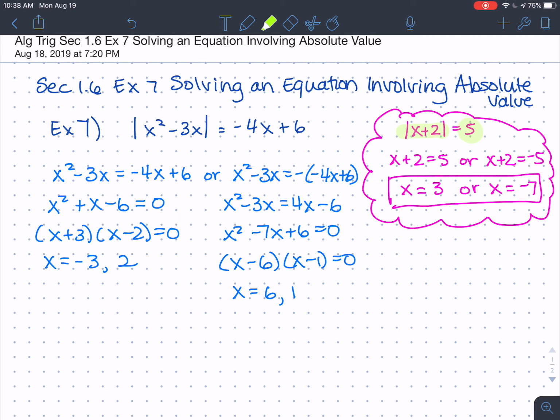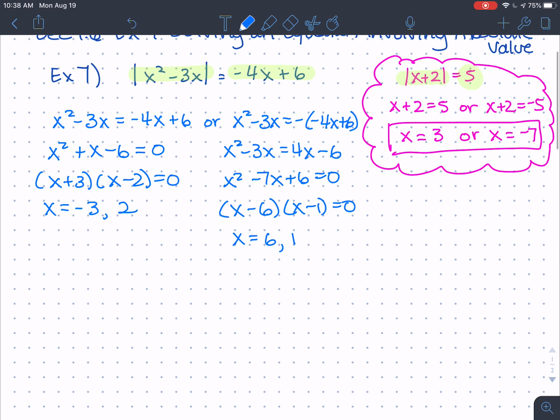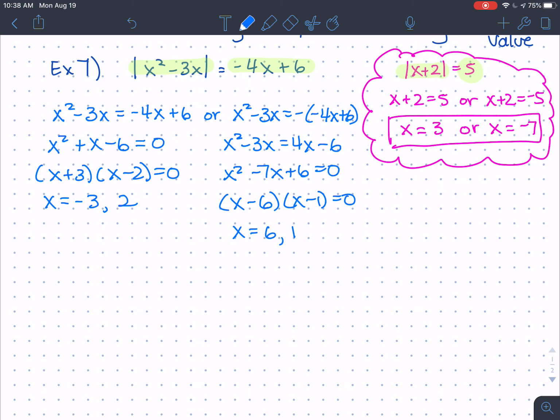The problem with this equation is right there. What if one of these values of x makes that highlighted portion equal a negative number? There's no way this absolute value could equal a negative number and we'd have an extraneous solution. So you're going to have to check for extraneous solutions. So let's check.